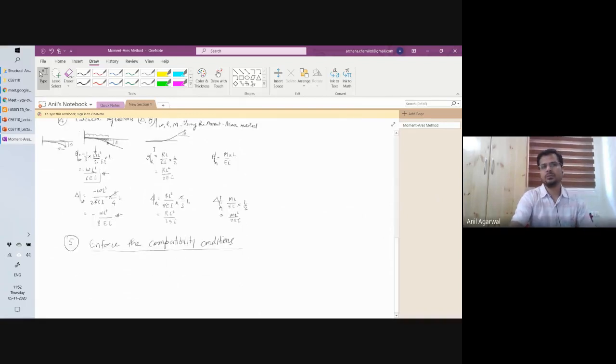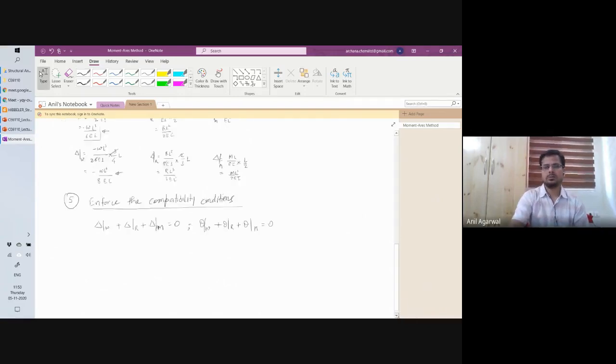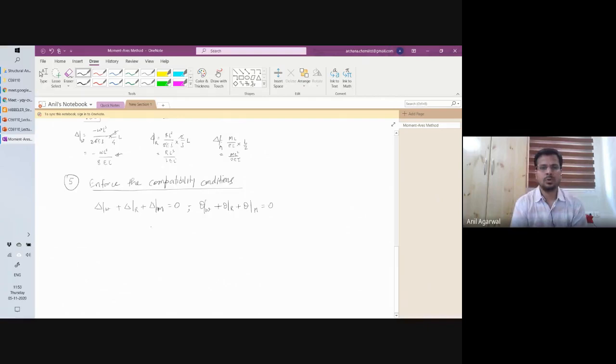And that's why we have used unknown forces, R and M. So basically what we have to make sure is that delta due to W plus delta due to R plus delta due to M is 0. And also theta due to W plus theta due to R plus theta due to M is equal to 0. All this is already given in the lecture notes. I'm just trying to do it on the board so that you don't lose focus.